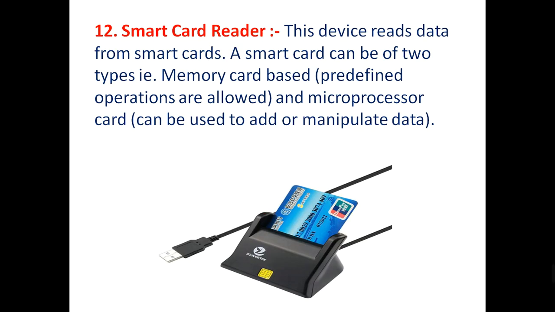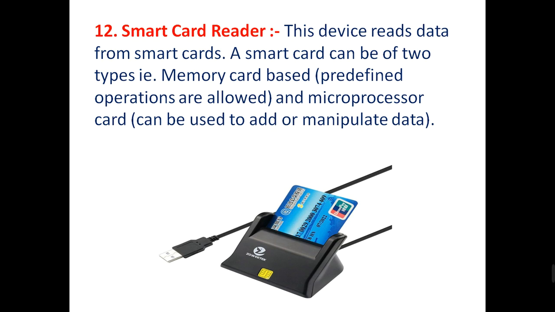Next is a smart card reader. So it is a modified or upgraded version of the magnetic strip reader. So this type of card usually consists of a memory card or a microprocessor chip in it, and that memory card or microprocessor chip stores some additional information.